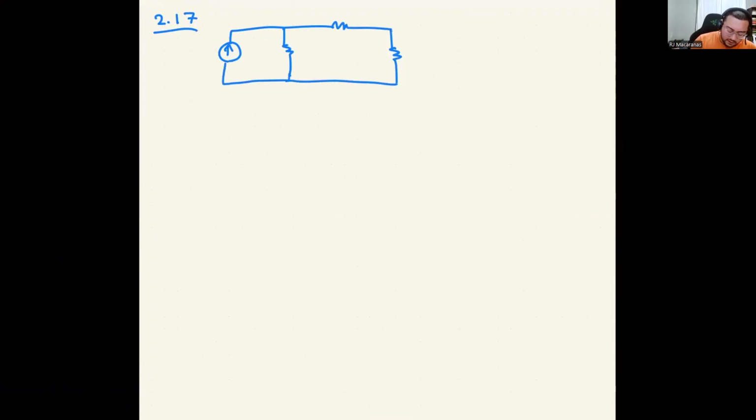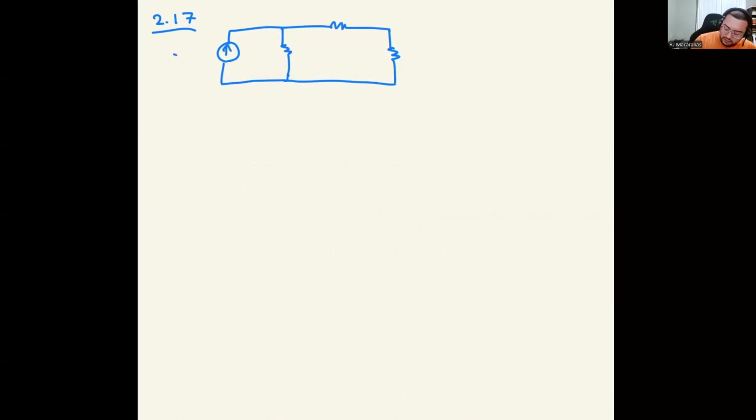We have a current source supplying 0.9 milliamps.